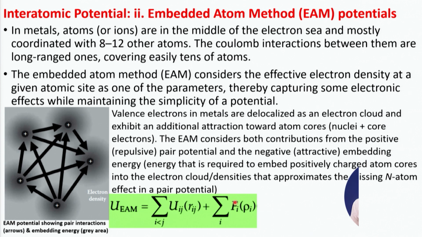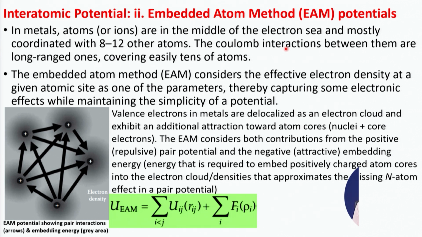Atoms or ions are in the middle of the electron sea, and the number of atoms with which a particular atom is coordinated is quite high, maybe in the range of 8 to 12. The Coulomb interaction between them is long range.